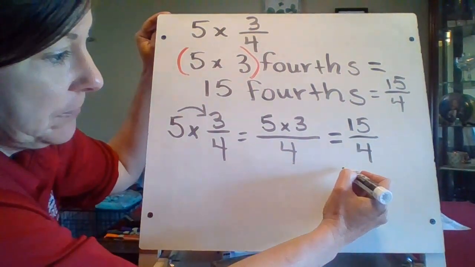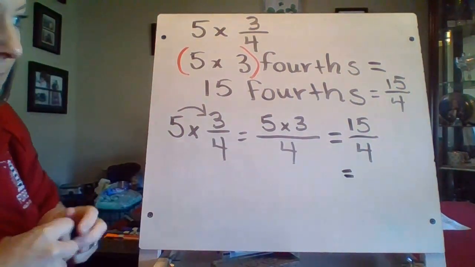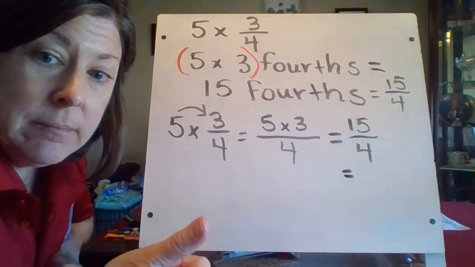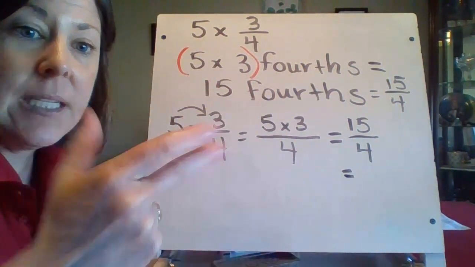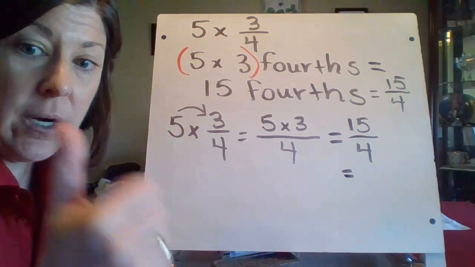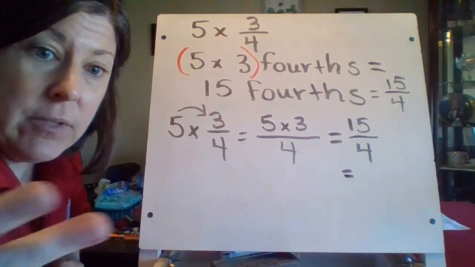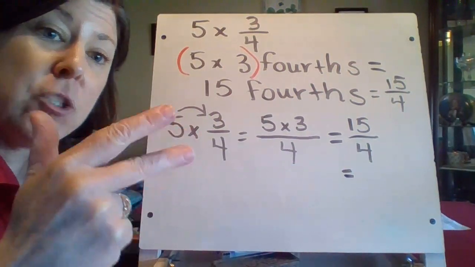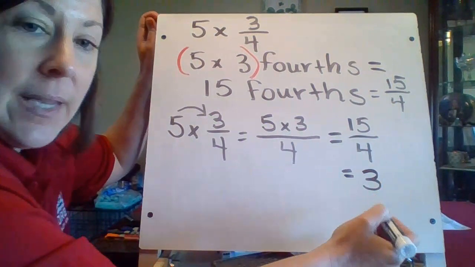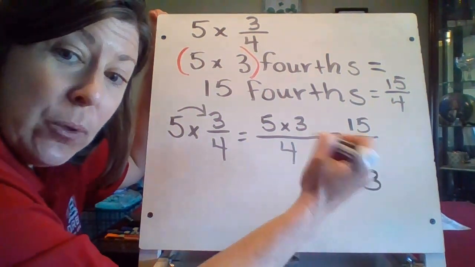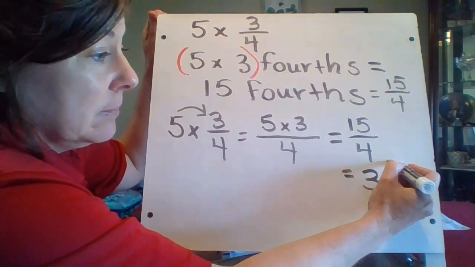Now remember, 15 fourths is improper, so I'm going to see how many wholes I can get from 15 fourths. 4, 8, 12, 16 is too much. So 4, 8, 12. 12 of those fourths is 3 wholes. And I still have 3 fourths left over.